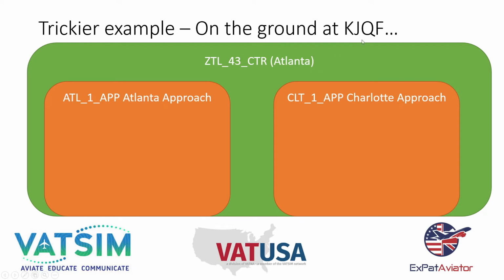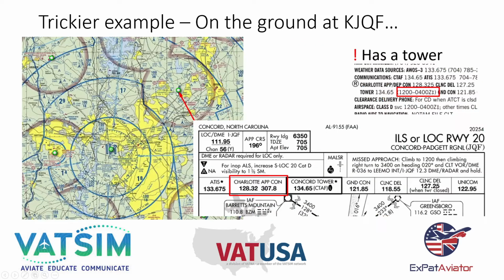Something a bit more complicated. We're at Concord. Now, there's no Concord Approach that you see here, same scenario. But if you take a look at where Concord is, under the Class Bravo airspace of Charlotte. This is Charlotte, this is Concord.